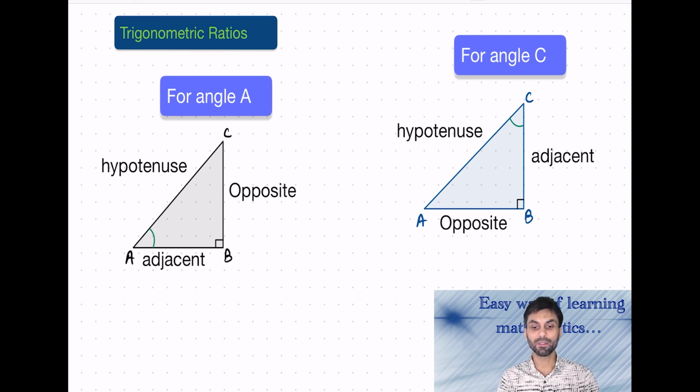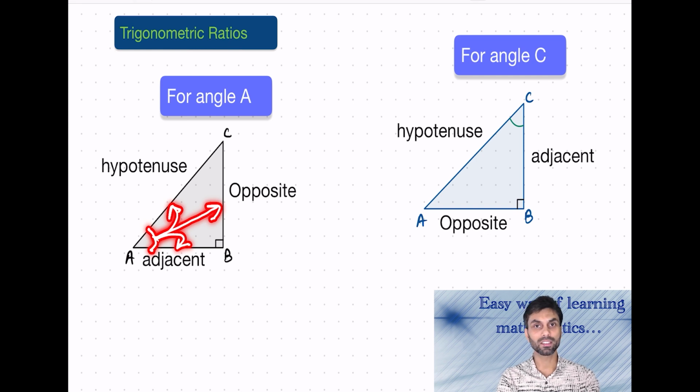Like in this case, in triangle ABC, if I am trying to find trigonometric ratios with respect to angle A, then for angle A, the side BC will be the opposite side, AB will be the adjacent side, and AC is the hypotenuse.